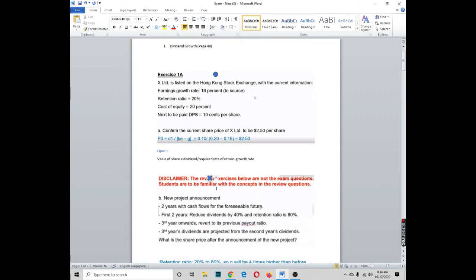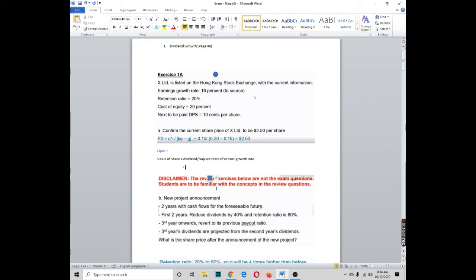So in the question, next to be paid dividend 10 cents means this dividend is paid after 1 year, so we cannot multiply with the growth rate. If he mentioned this dividend is paid today or at the start of the year, then we multiply with the growth rate.